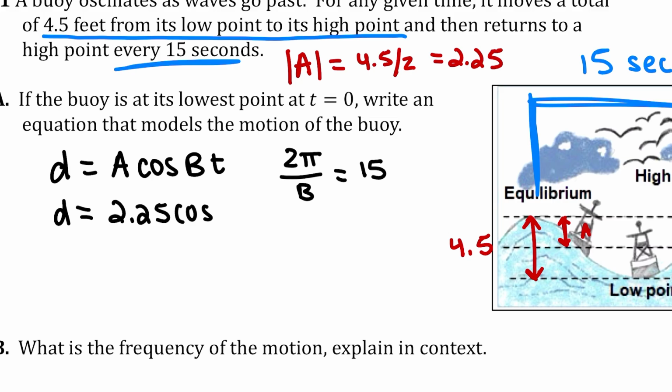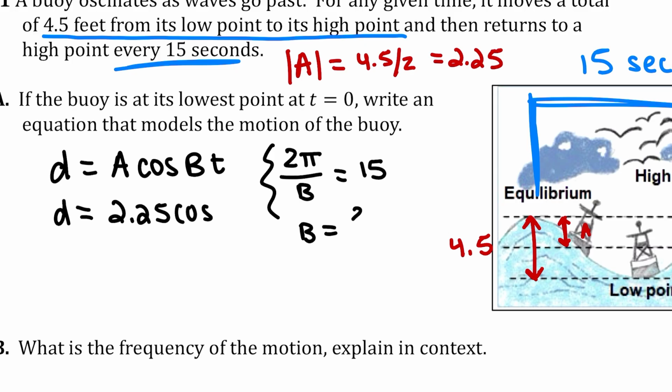Okay, so this starts to be personal preference. I strongly recommend you leave things in simplified fraction form, just because that's what we're used to seeing, especially on the non-calculator forms. So basically what I just did here is solve for B. Whenever you solve for B, you're going to get 2 pi over 15.